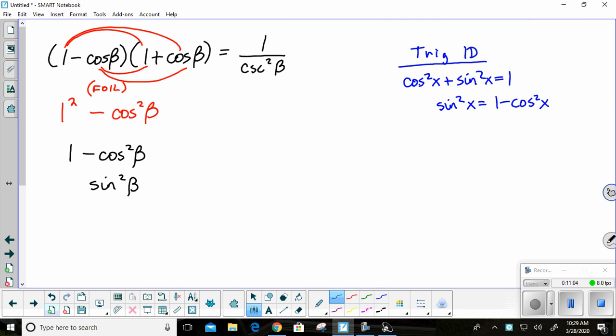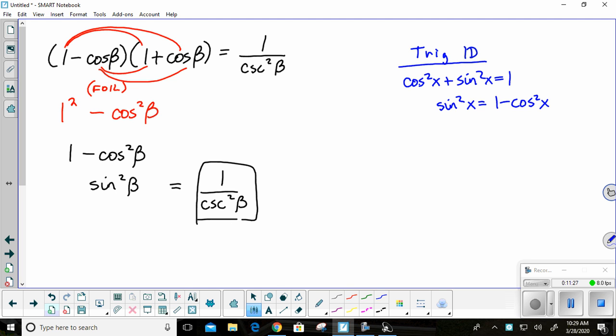Okay. If you look back up at the first step, we're trying to get the left side here to equal 1 over cosecant squared. Well, cosecant is 1 over sine. So by the reciprocal identity, this does equal 1 over cosecant squared.